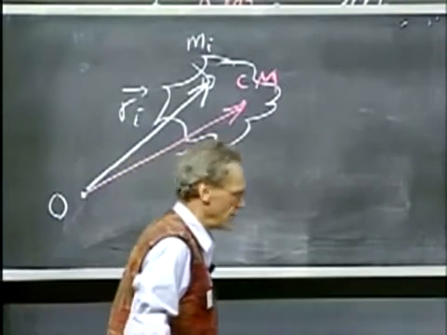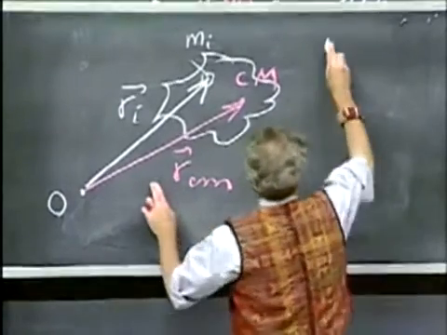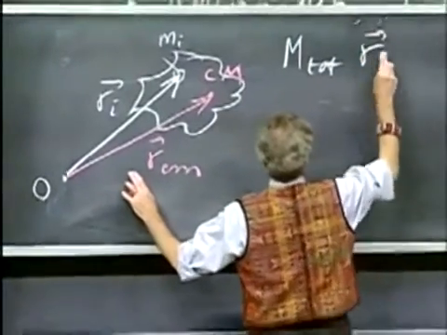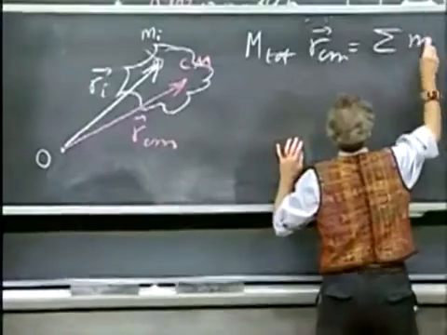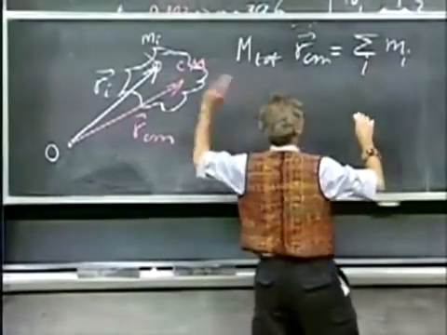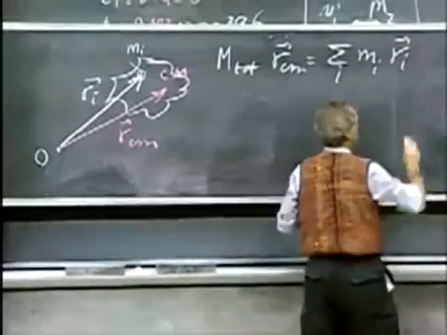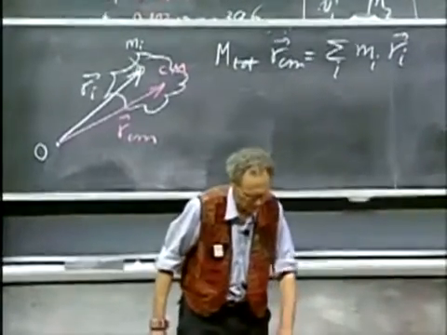And the center of mass is defined as follows. The total mass of this object times the position vector of the center of mass is the sum over i of all these little elements m_i times the position vectors of the individual little particles that make up this object.